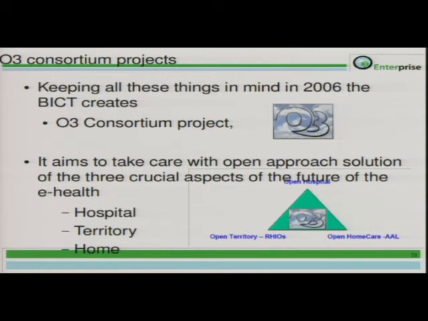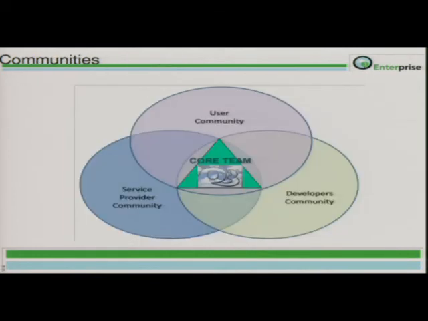This is why there is the number 3 in the name. We created communities: the user community for feedback, the developers community, and the service provider community, so other companies that can offer services to foreign markets all over the world.